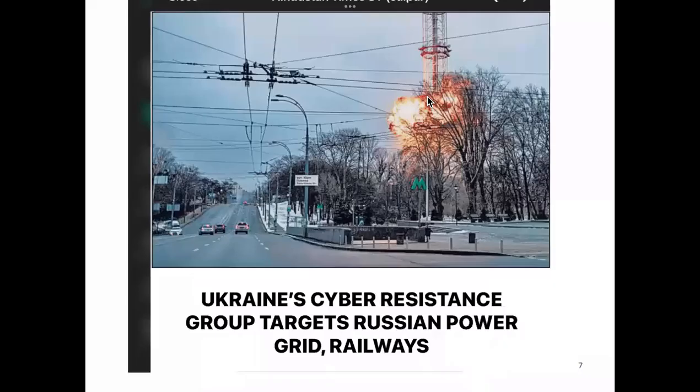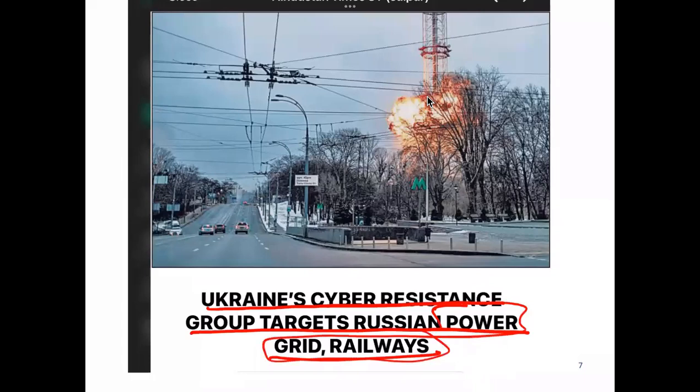And this is also today's newspaper: Ukraine cyber war resistance group targets Russian power grid and railways. That's interesting. One way is of course attacking a TV tower or something, and the second is disabling it. Just disabling it, making it not available for anybody, which anybody sitting anywhere can do with proper tools and so on.